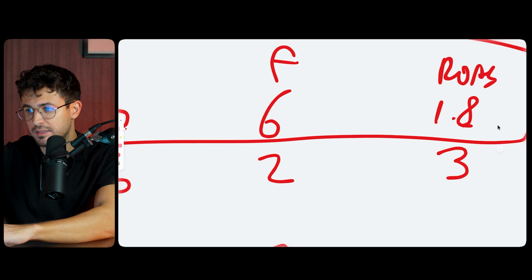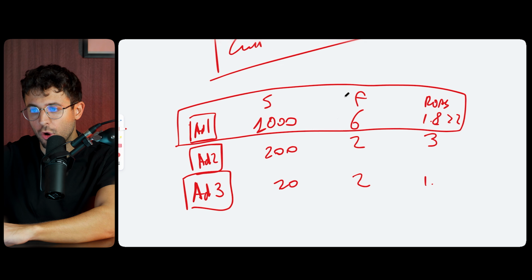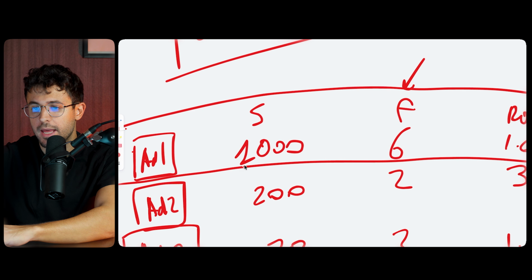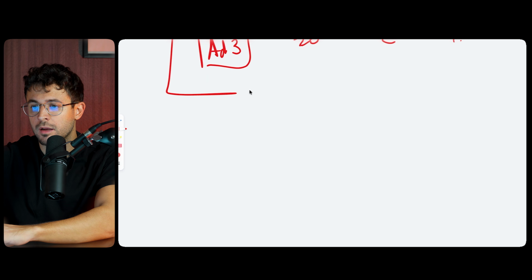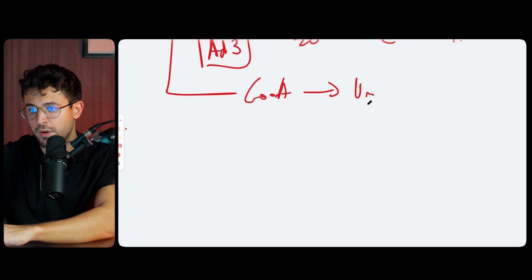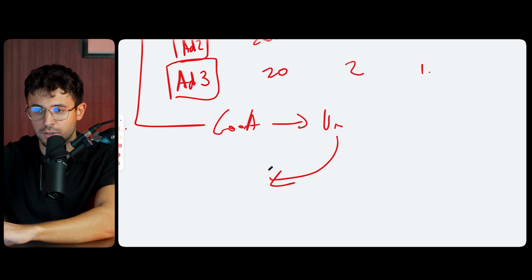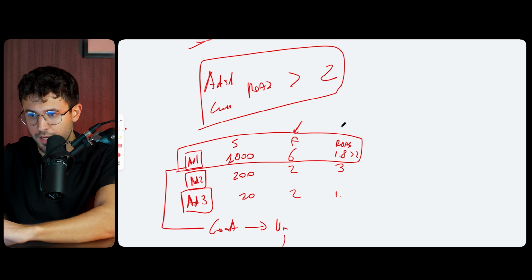Even if the ROAS is higher than 2, this is still risky, because Meta is spending all the budget into a single ad where the frequency is very high. And the issue most likely in this situation is that you don't have other good ads on the unaware stage, because otherwise Meta should spend more budget. If not, you need to adjust things manually, and you might split into a different ad set or different campaign. And this is very important, okay?